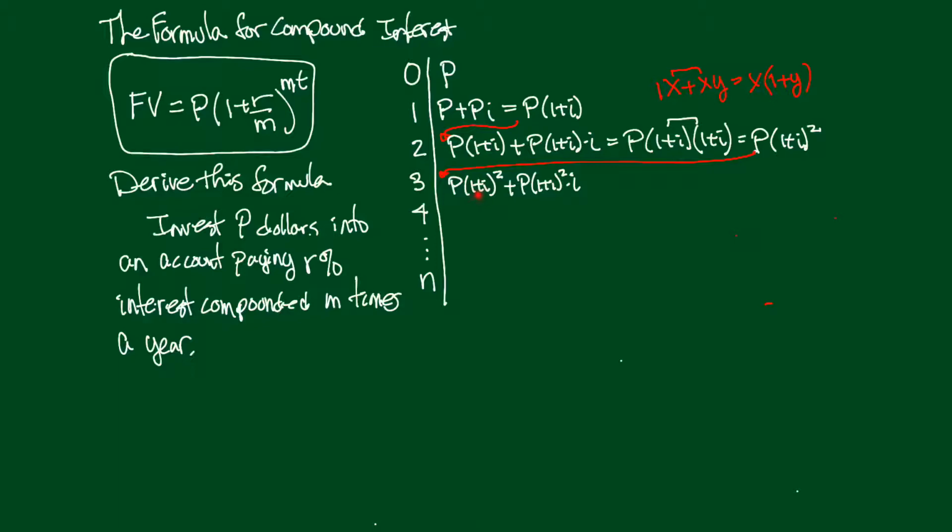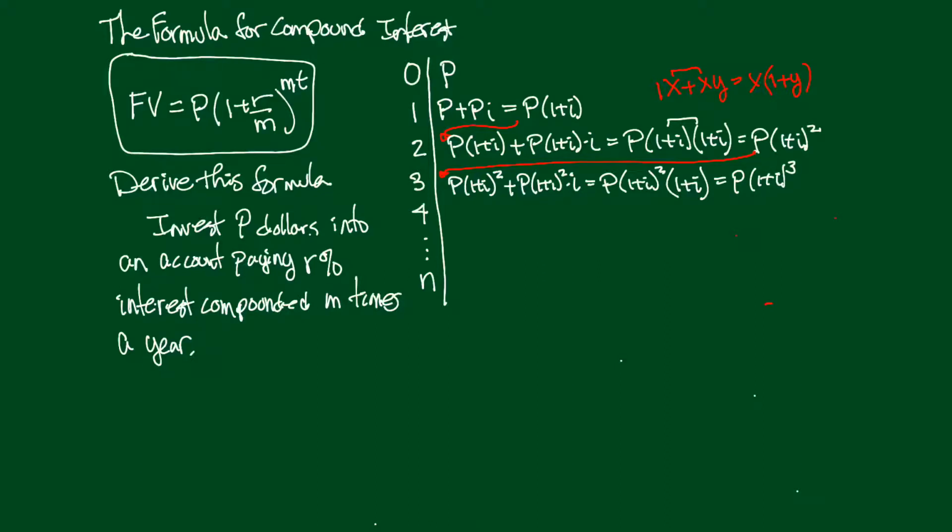What's common to both? P times 1 plus I squared, p times 1 plus I squared. So I'm going to factor out that p times 1 plus I squared, and what's left? 1 plus I. And then we've got 1 plus I squared times 1 plus I. So we're going to get out of here p times 1 plus I cubed.